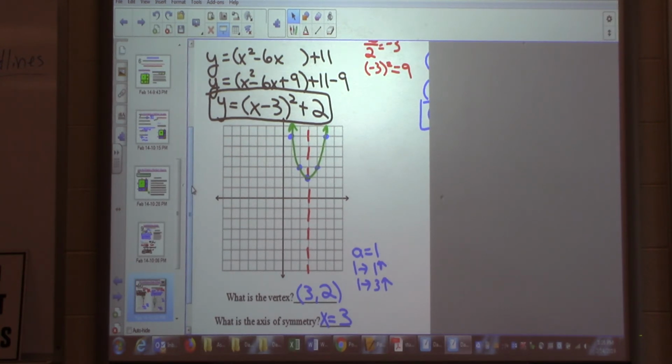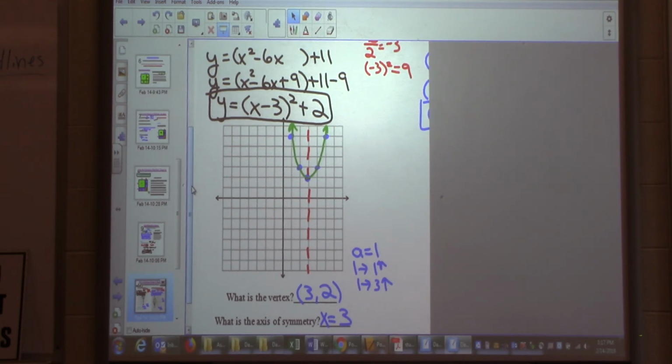So my vertex is always going to be at h comma k. Vertex is at 3 comma 2. And then you know the shortcut here. A equals 1. We're going to go 1 right, 1 up.